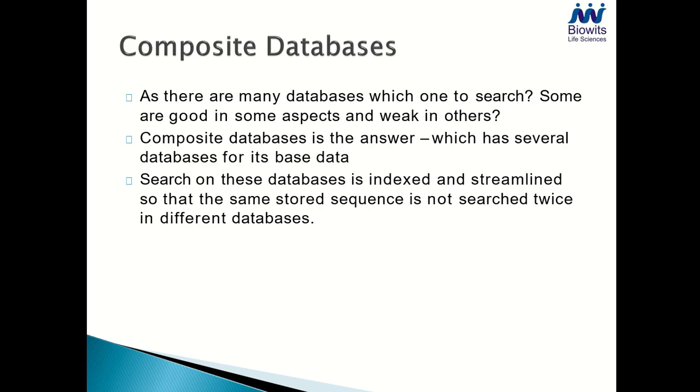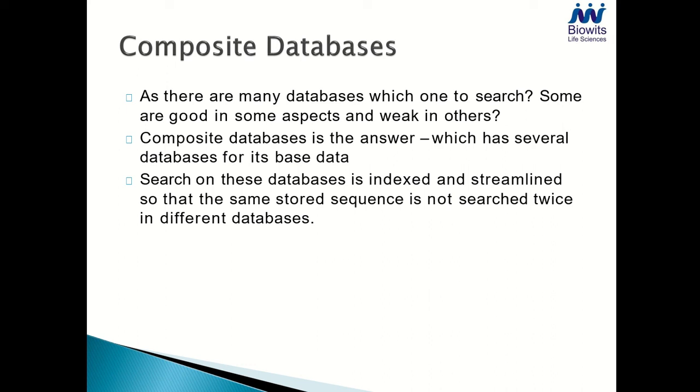And then for the composite databases, of course, there are some questions. As there are many databases, which one to search? No? Some are good in some aspects and weak in others. So may mga question dyan, no? We want to check also which of these databases can provide all of the information or biological data that we need, no? So the answer is composite databases, which have several databases for their base data.